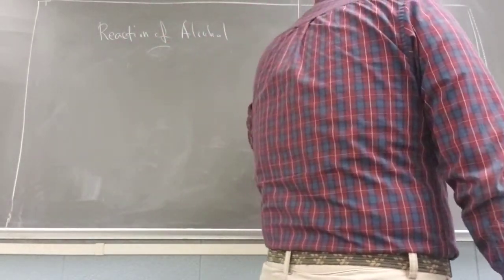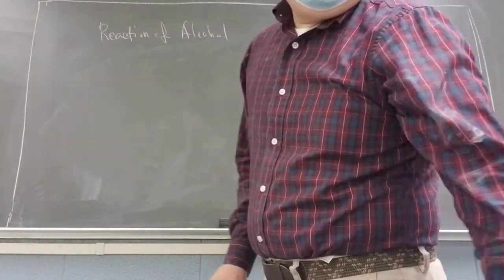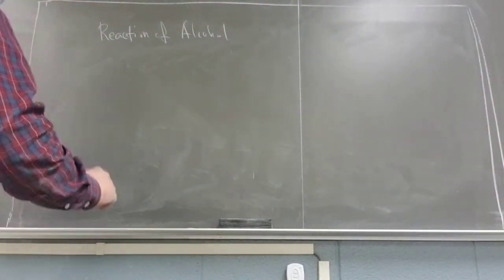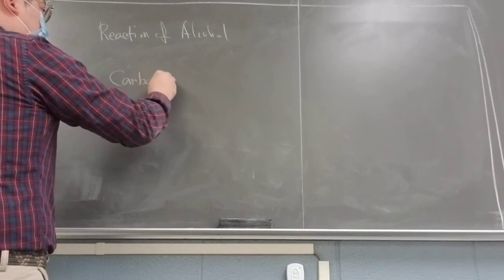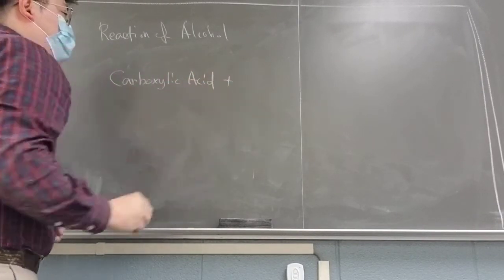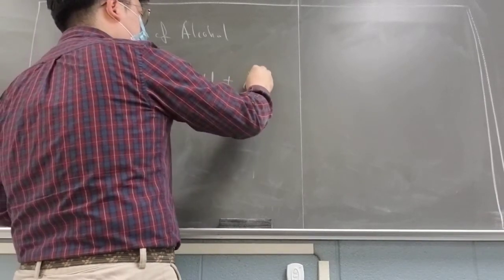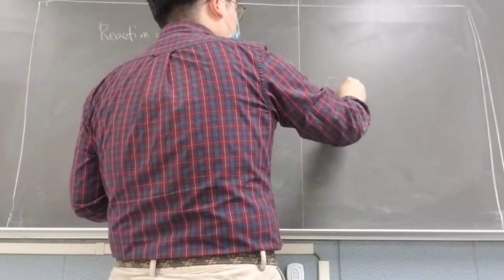All right, then the next one. Here. So whenever you have a carboxylic acid here, you can treat it with alcohol, and you can make some ester compounds.